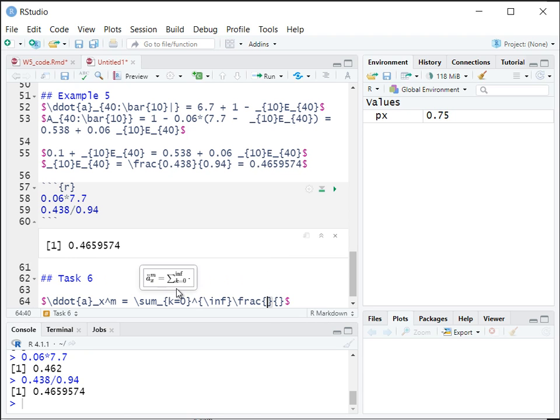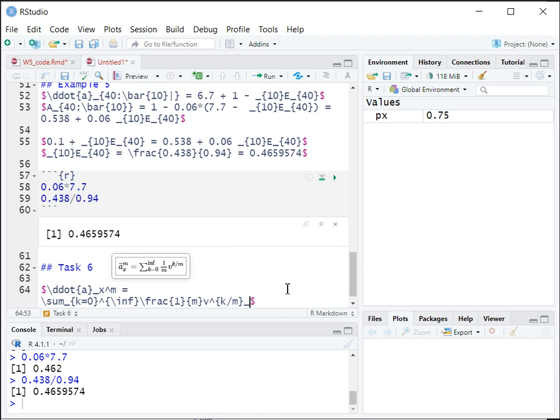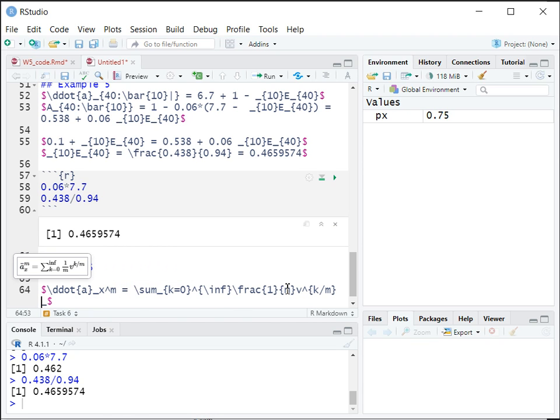Fraction 1 over m, v to the power of k over m, and there will be also the subscript k over m, p_x, like that.